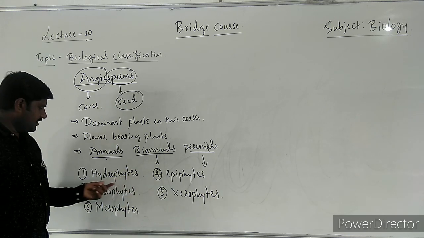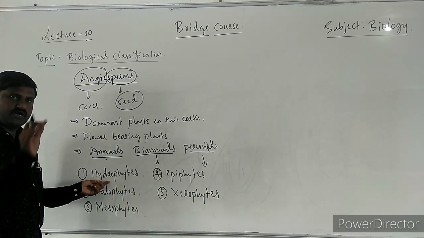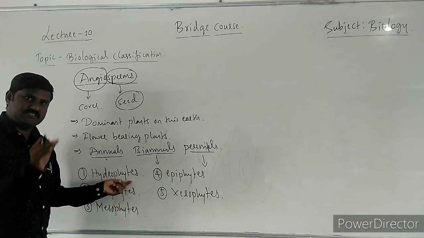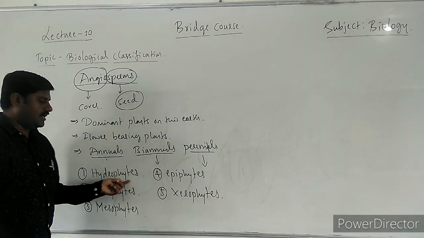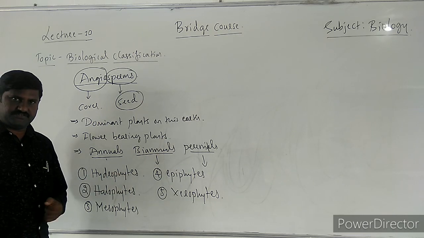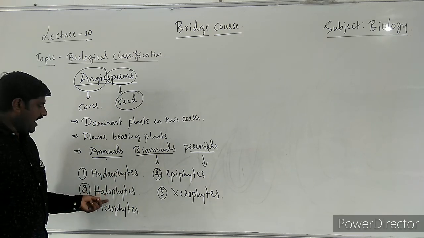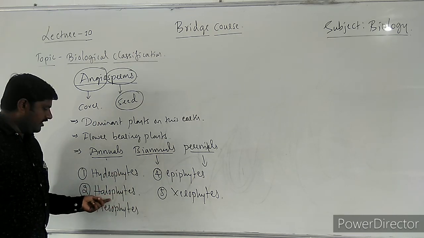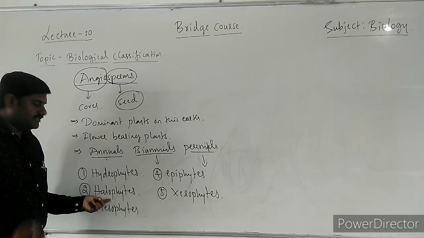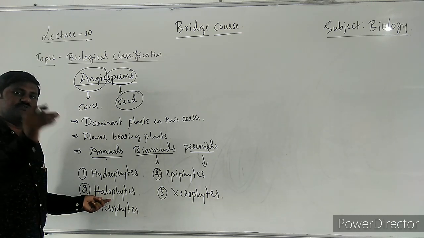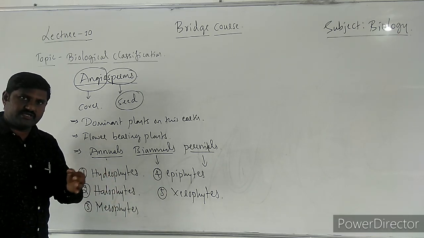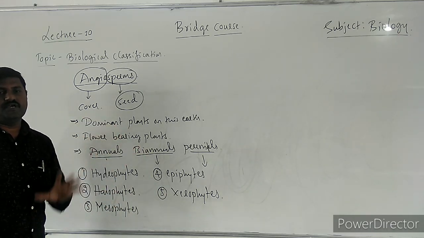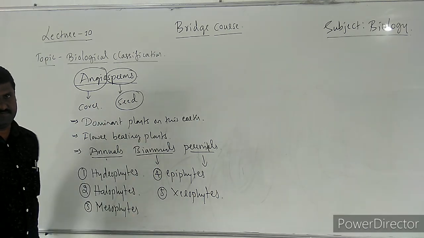Hydrophytes means, here hydro means water, phyta means plant. The plants which are growing in water are called hydrophytes. Right? Halophytes. Haline means salinity of water is more. So these are the group of plants which grow in saline water or saline conditions.